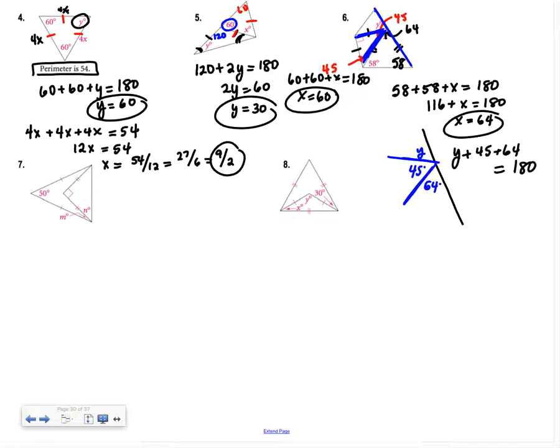They have to add up to be 180 because they make this whole line shape like going across here. So we have 180 degrees there. So we add them together, so we have 109. So y plus 109 equals 180, and we subtract, so we get y is equal to 71. That was a tricky one. I told you they get kind of hard.